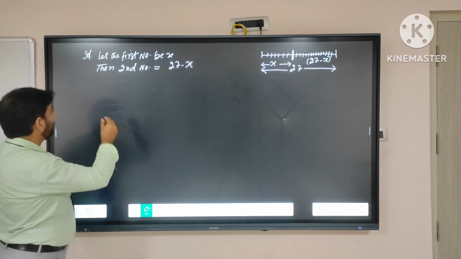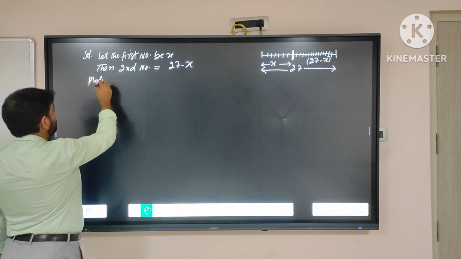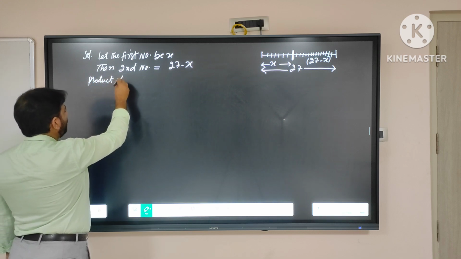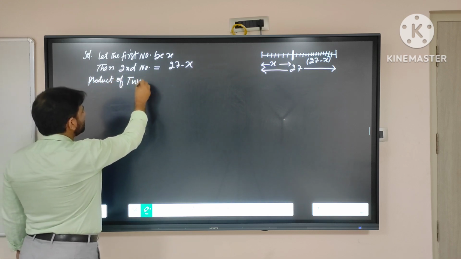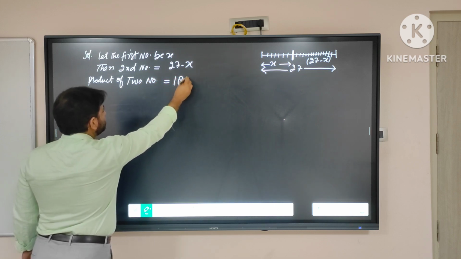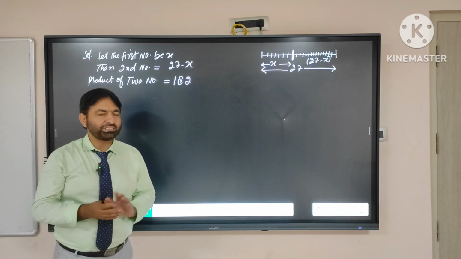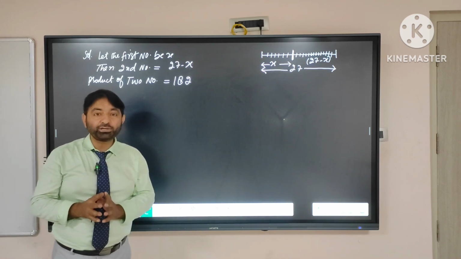Now let's see. The product of two numbers is equal to 182. So this is the condition. The sum of two numbers is 27 and the product is 182.